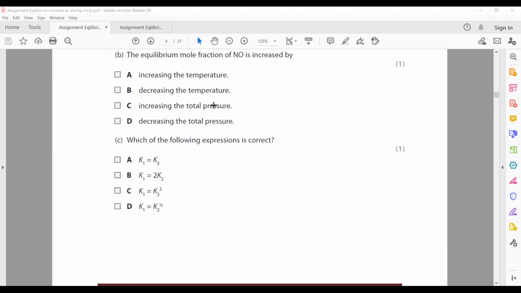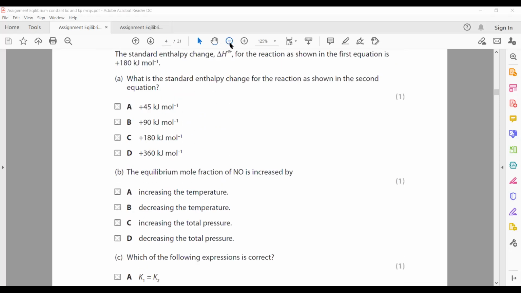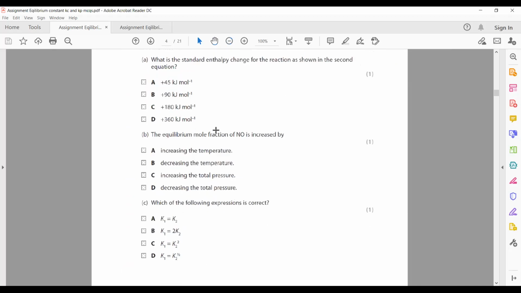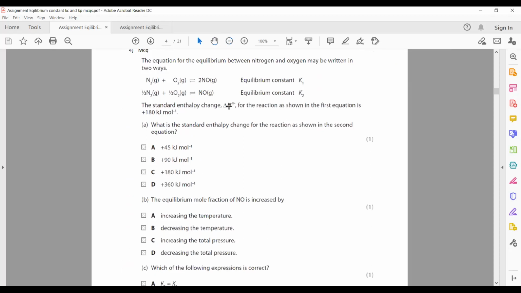Which of the following expressions is correct? Like the forward and the backward reaction, Kc of the first reaction and Kc of the second reaction, how are they related with each other? So what you can do, you can write an expression. You can simply write the equation for equilibrium for the first one.